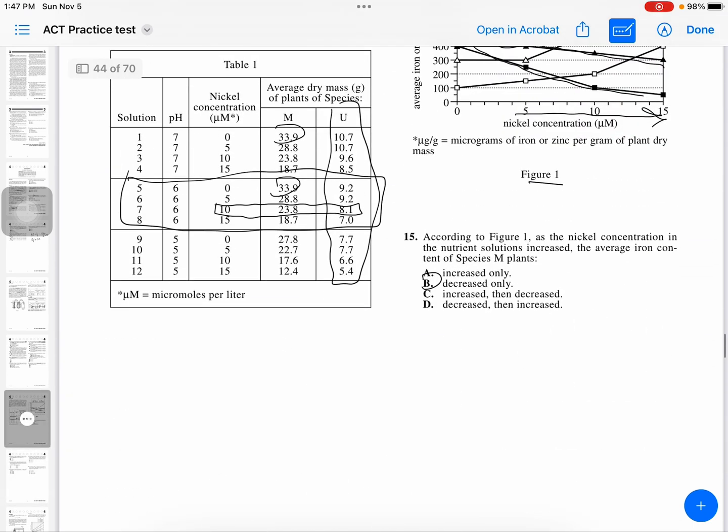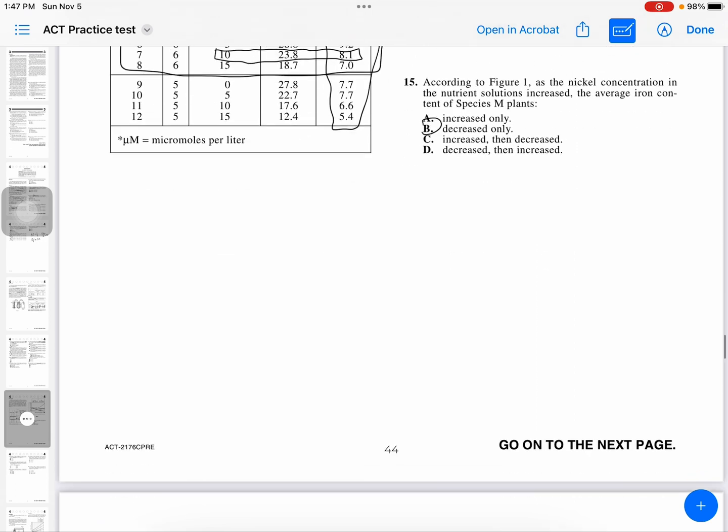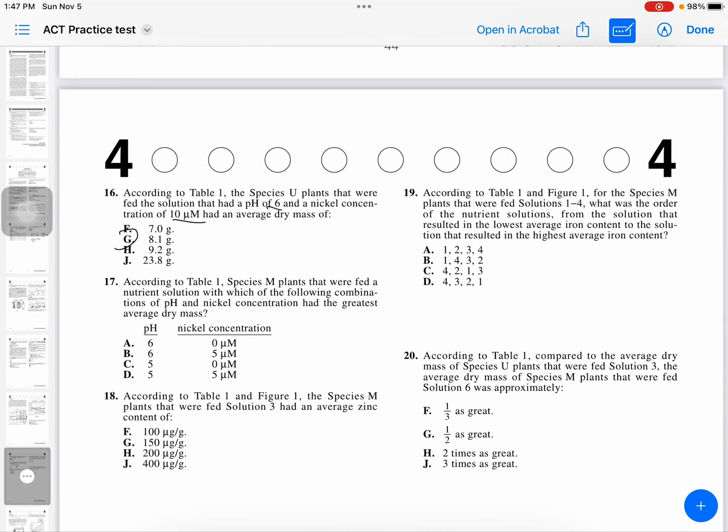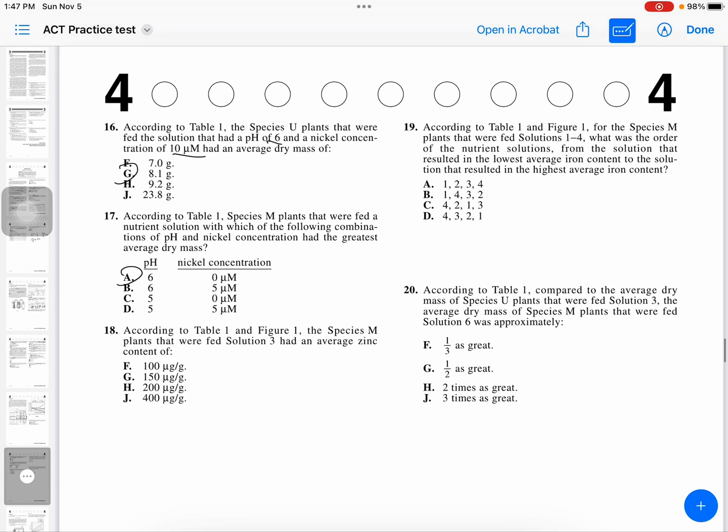Species M, greatest dry mass. Let's look, 33.9. So we've got pH 7, nickel concentration 0, and pH 6, nickel concentration 0. pH 7 is not an option, and so then our pH 6 is the only option available.